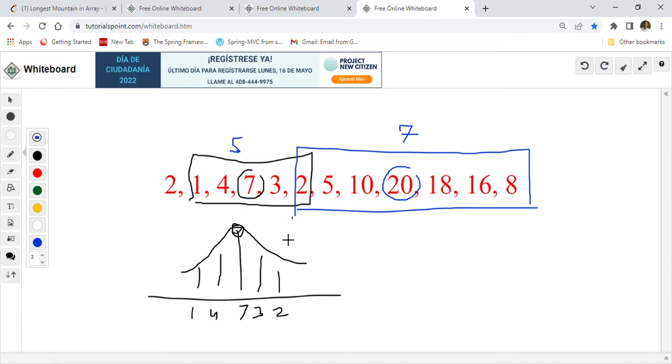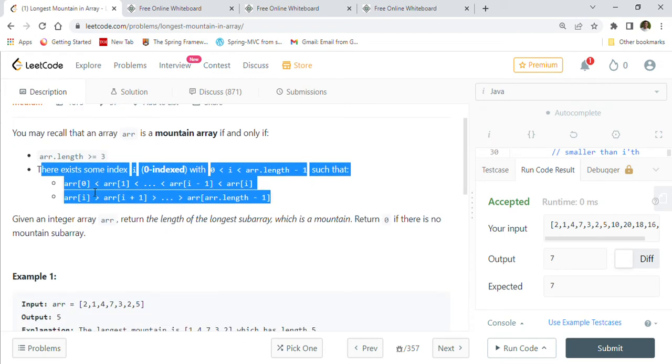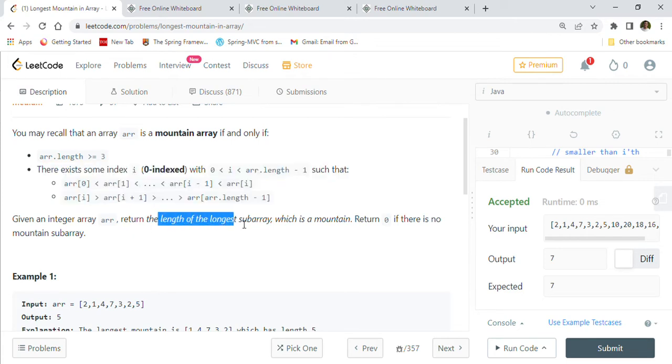So this is what the problem is that we are solving. Because this is kind of confusing sometimes, with an example it's very easy to understand. That's why I explained it with the example. As you can see, given an integer array, return the length of the longest sub array which is a mountain array.